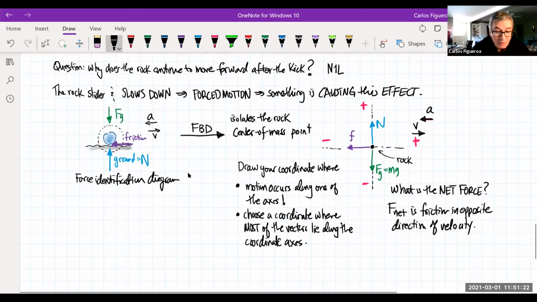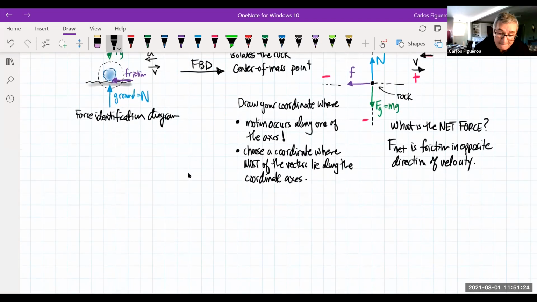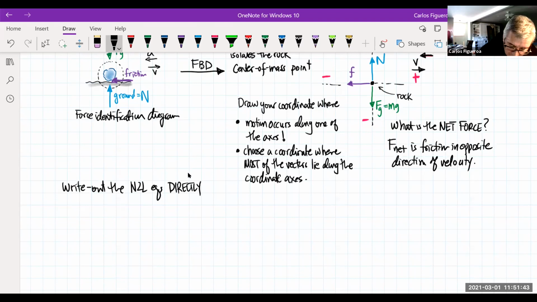So then from my diagram, I'm going to write out my N2L equation. So now I want to write out the N2L equations directly from the free body diagram.